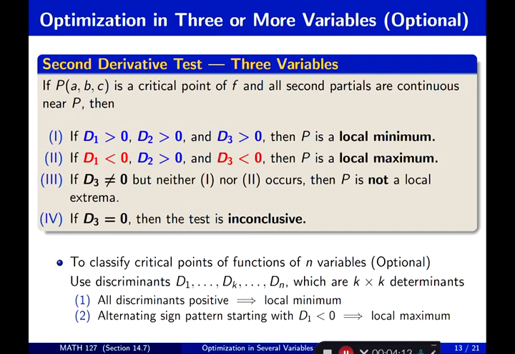So to classify critical points of a function of n variables, you form the discriminants D1 all the way to Dn. Dn is the one with all the derivatives in it, like D3 was. Then you basically take the upper left corner and make it smaller and smaller to go back to D1.